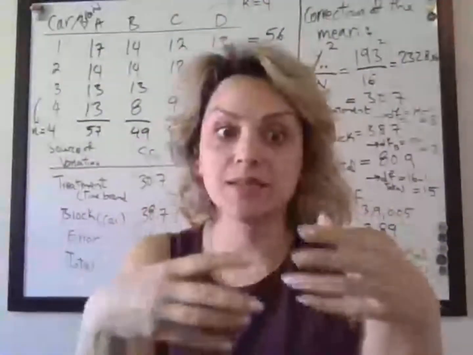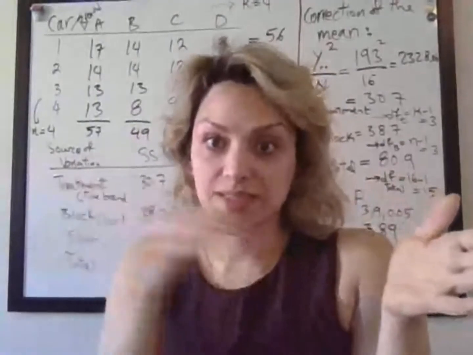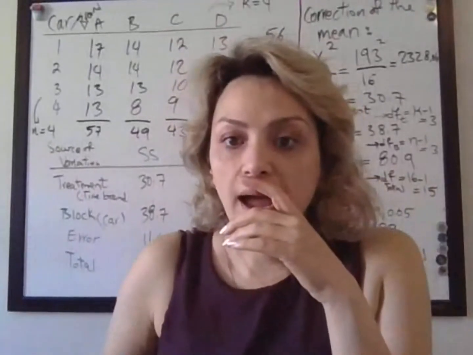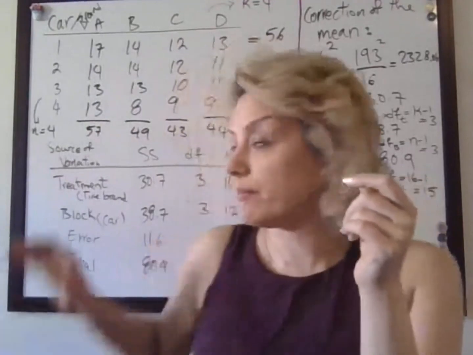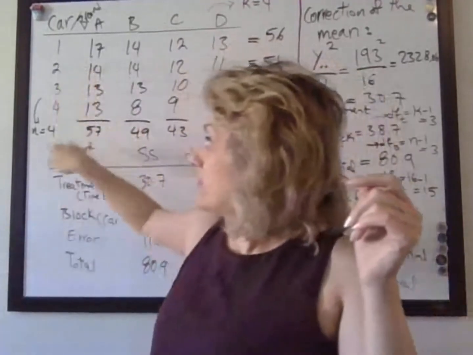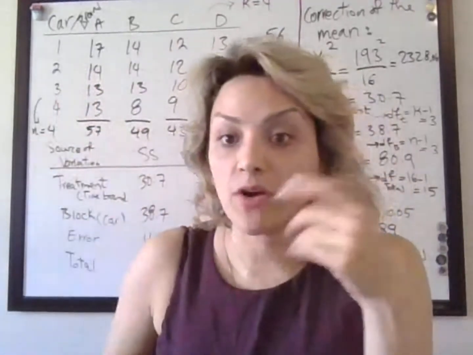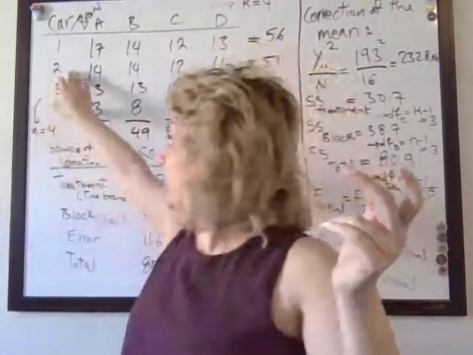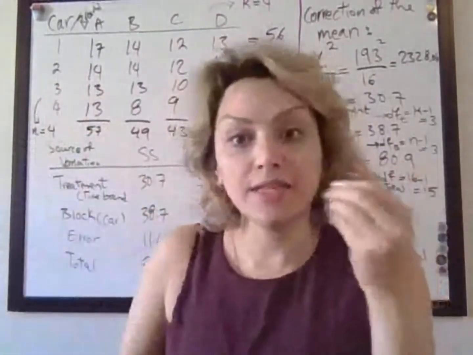Are these treatments, the different levels that we have for our factor, effective or not? And also the thread loss for the cars, the blocks, they are not the same either. So you can see that we need to consider the effect of the block.